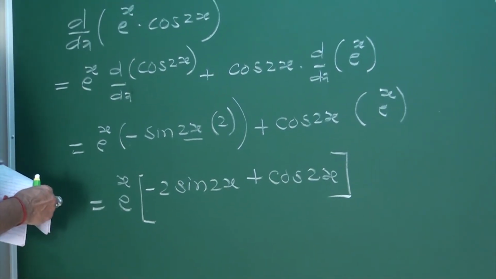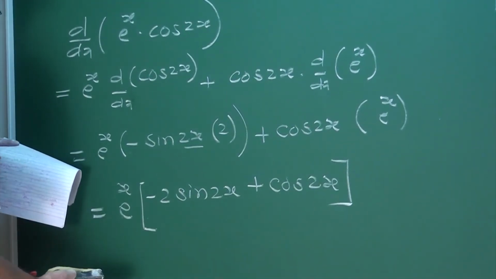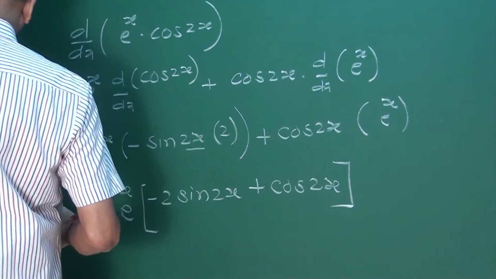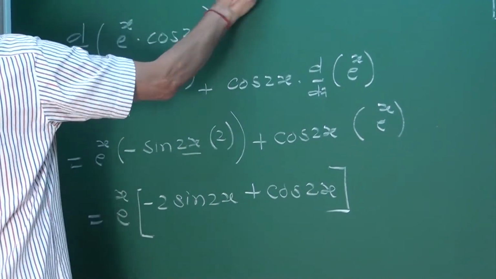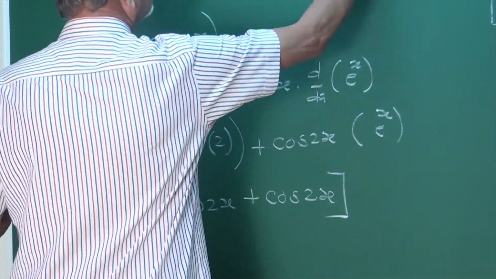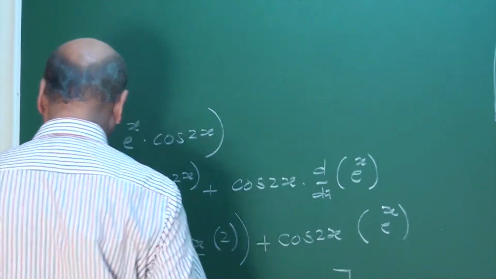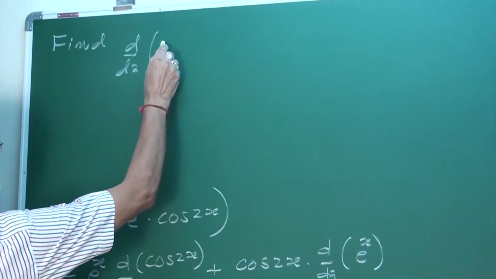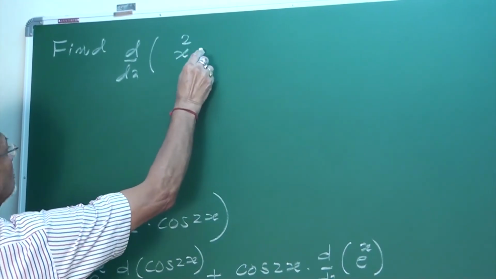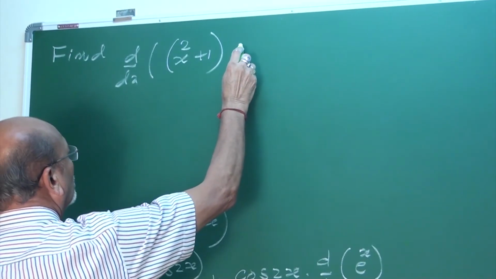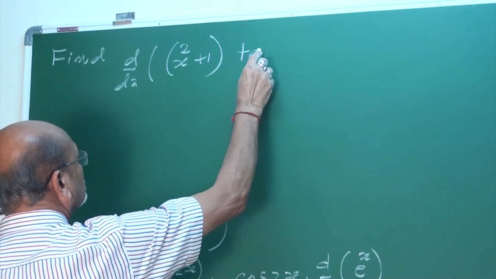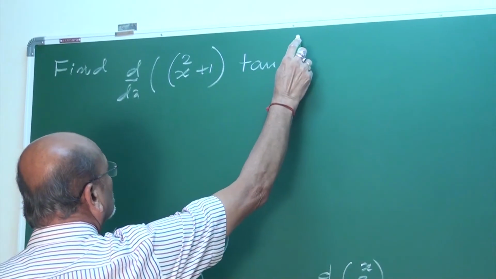If you want one more, find d by dx of x square plus 1 into tan x.